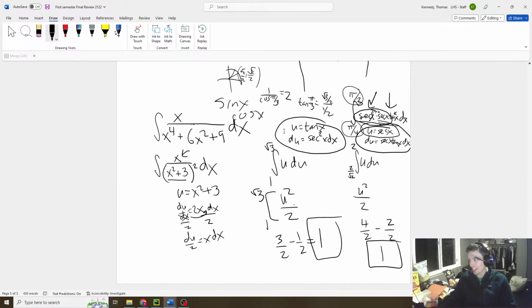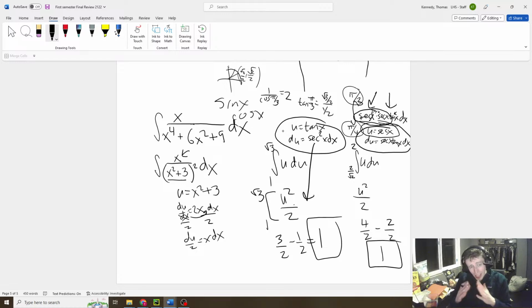Every time you say change the bounds, I die a little bit inside. Changing the bounds makes the question easier, I promise you. Now, this one was kind of janky because we had to figure out what tangent of pi over 3 and tangent of pi over 4 were.